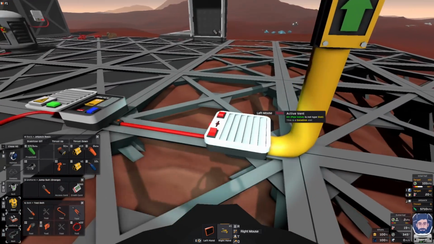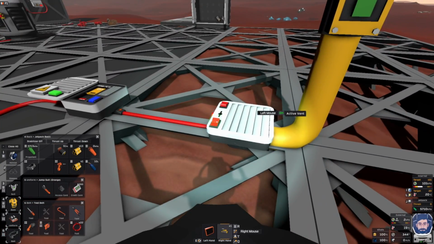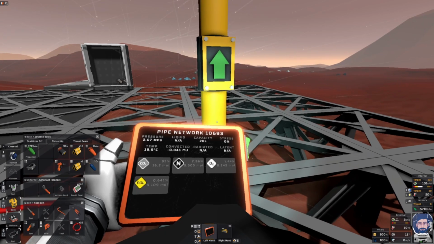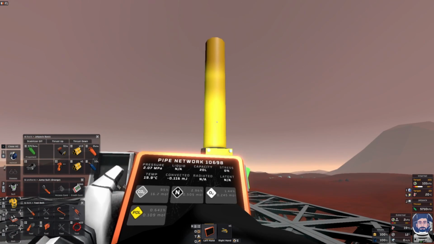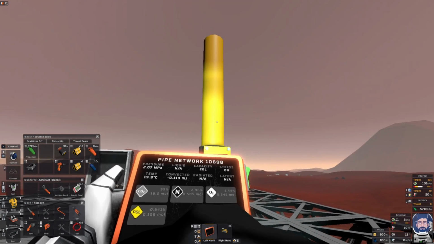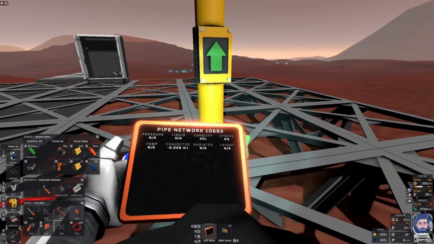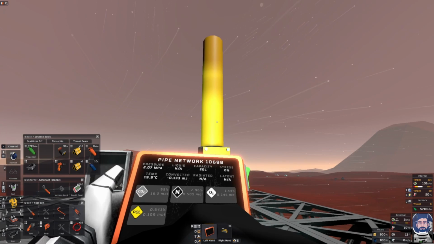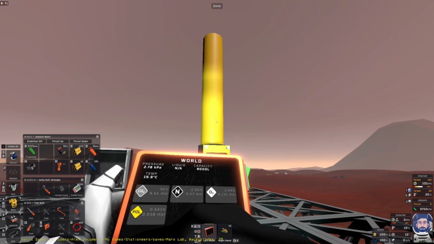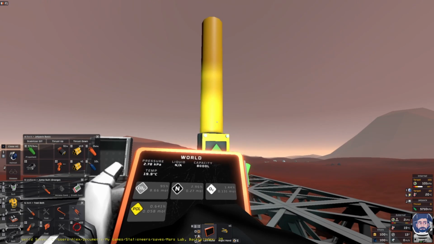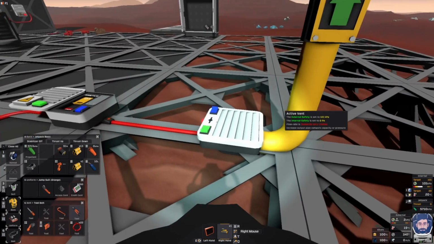But if I increase the pressure more in the bottom part of the network, that will equalize in the direction of the arrow to the second pipe network. However, if I empty the bottom network, the top one will not empty because gases cannot pass through the one-way valve, contrary to the arrow.